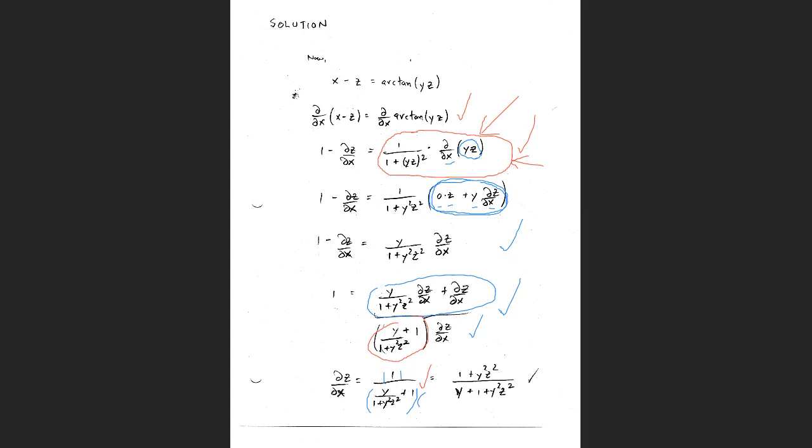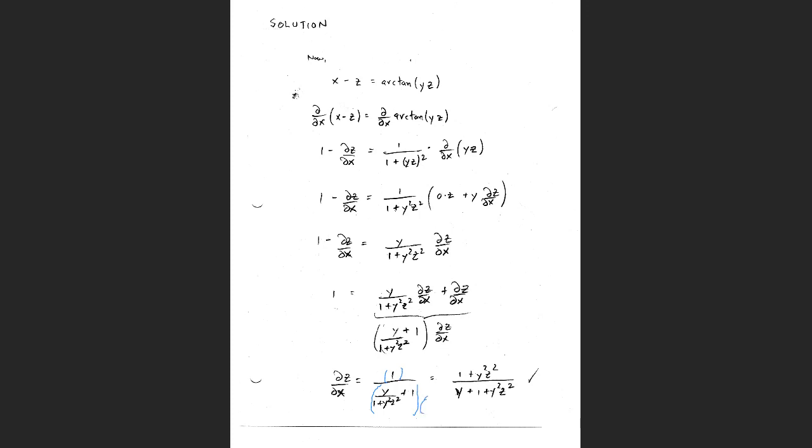Let me see here. I want to make that a little easier. So I'm multiplying through top and bottom by 1 plus y squared z squared.